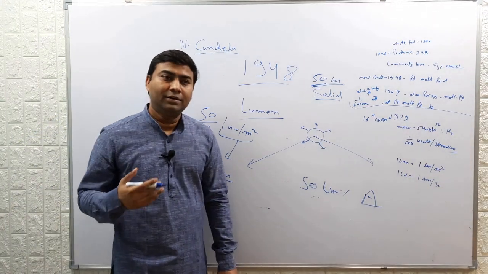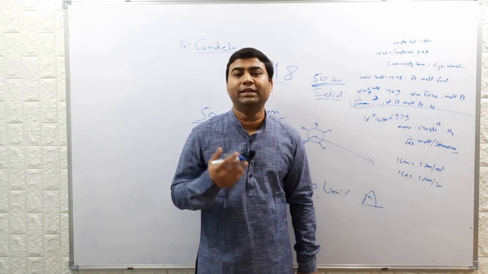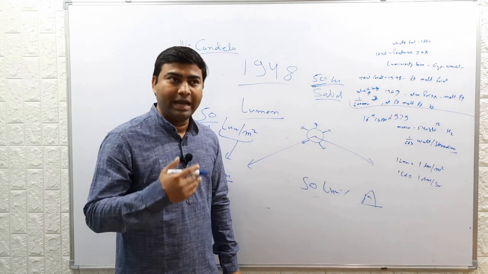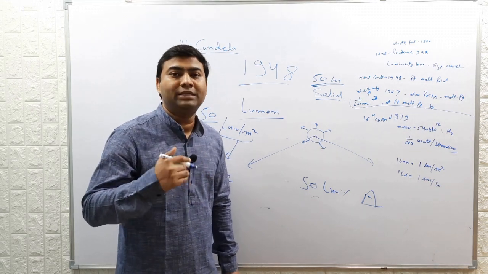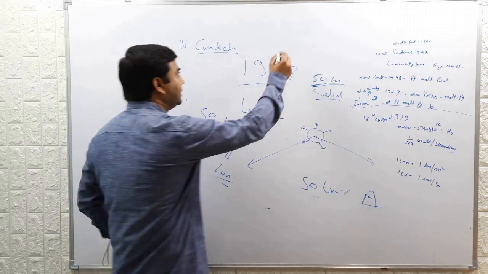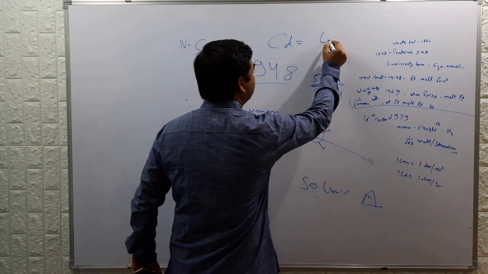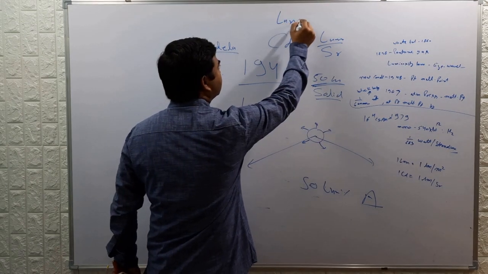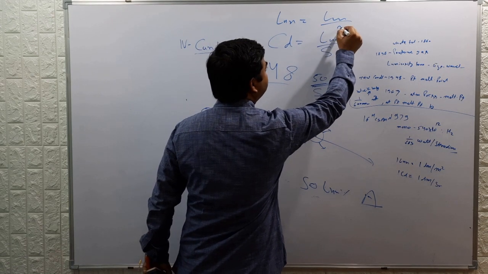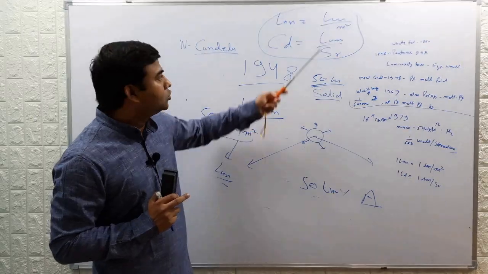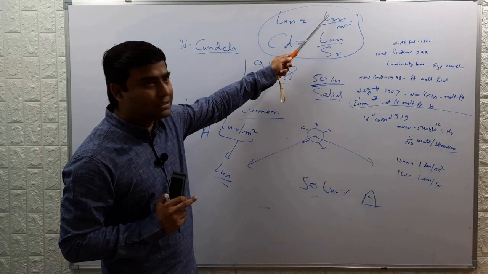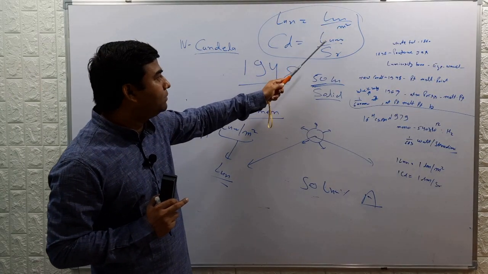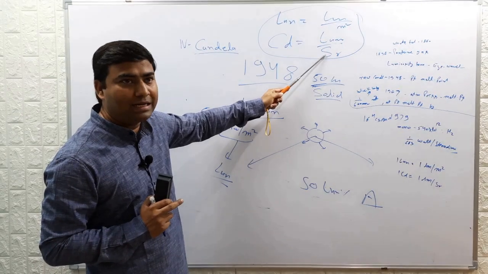So lux is nothing but luminous flux in unit area, or lumen per meter square, and candela is lumen per steradian. In short, luminous flux per meter square, that is lumen per meter square, is called lux, and lumen per steradian, that is flux in unit solid angle, is called candela.